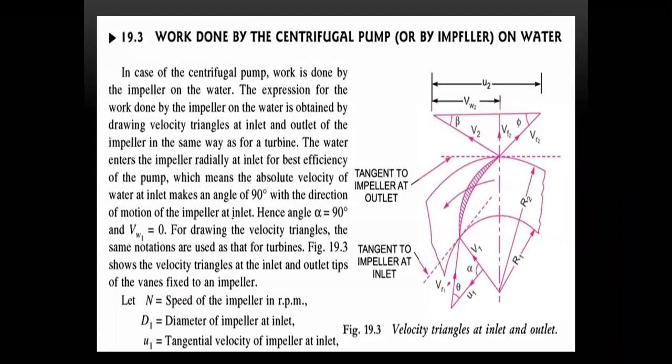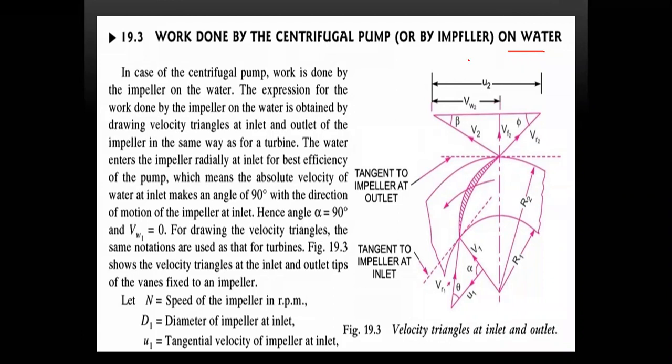Next one is the work done by the centrifugal pump on the water. Whenever the water is pumped into the centrifugal pump, the water goes into the pipe at the inlet, and through the impeller it flows through the vanes and comes outside.